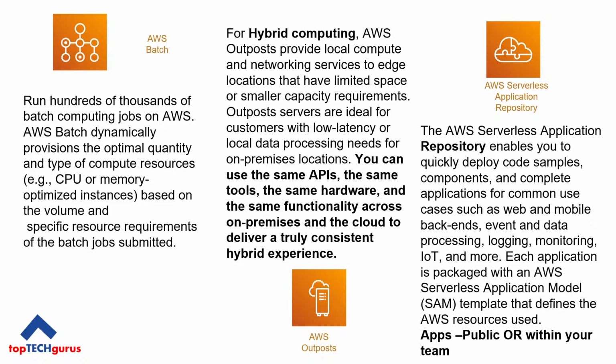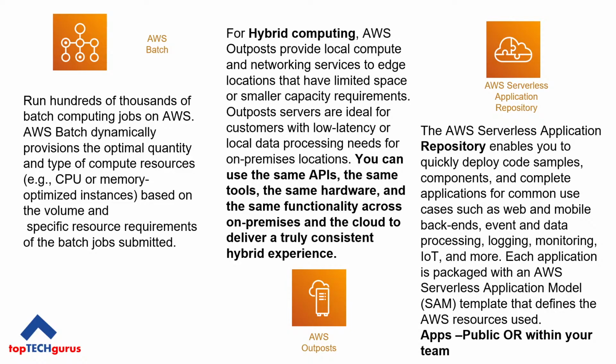So any batch workload that you do, whether it's a Java batch, a Python batch, or, like we use Airflow, Airflow batches. Any kind of batches that you run, you can have those run on AWS Batch.